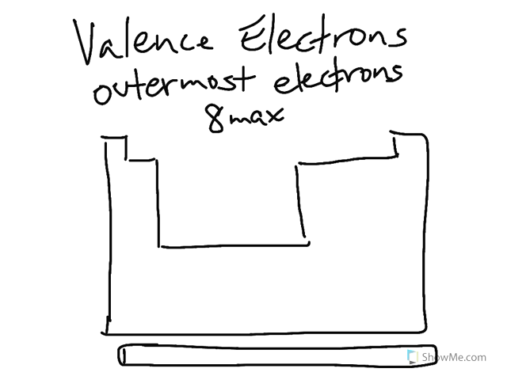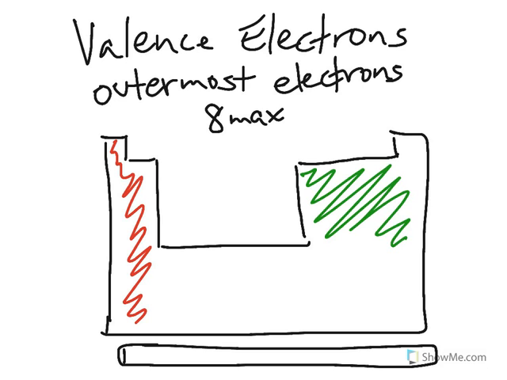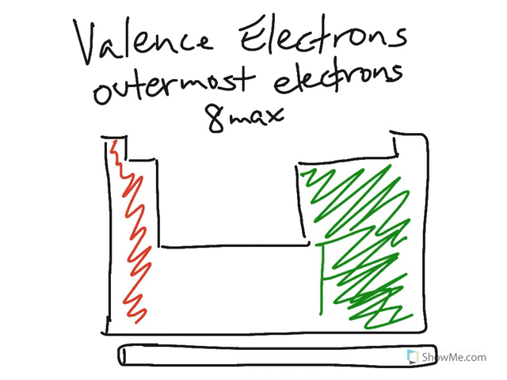And if you understand the organization of the periodic table, you would note that valence electrons are usually identified by the S block of the periodic table and the P block of the periodic table, which is this section right here and then this section right here as well. Okay?